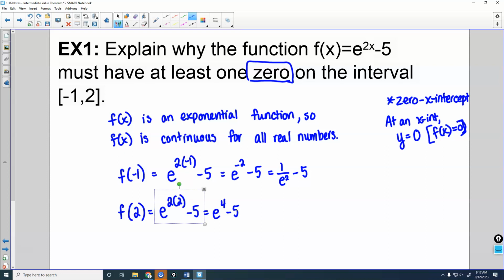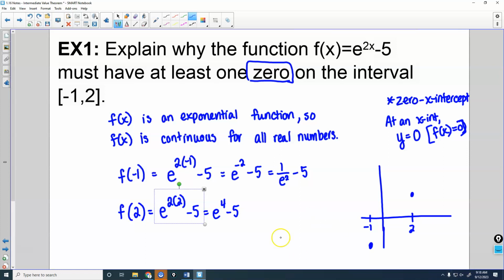At an x-intercept, y equals 0, right? So if at -1, my point was down here, and at 2, my point was up here, and this is continuous, what's it got to cross? It's got to cross 0, all right?